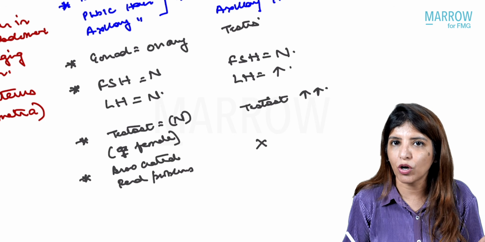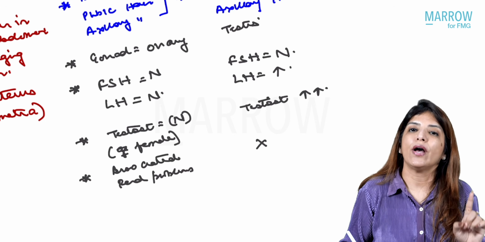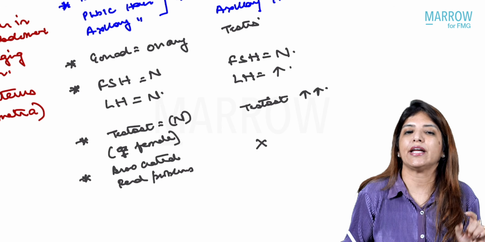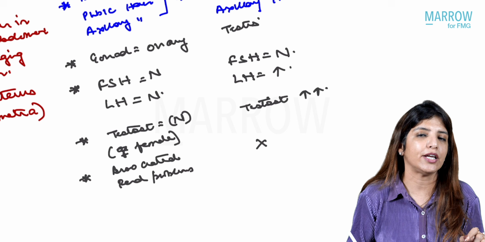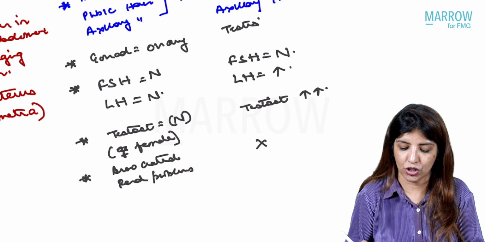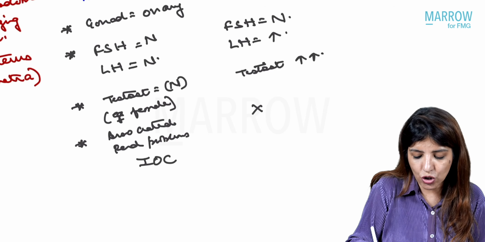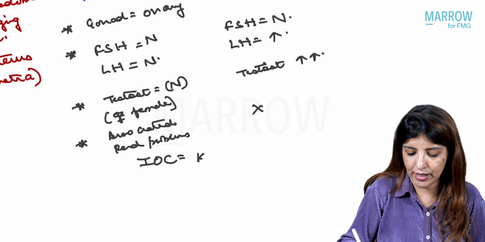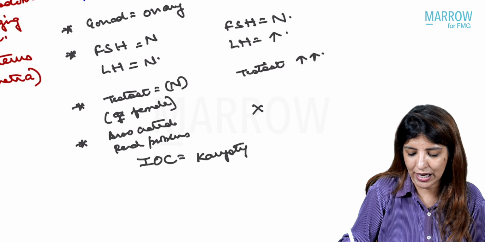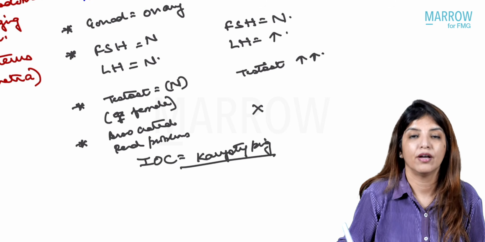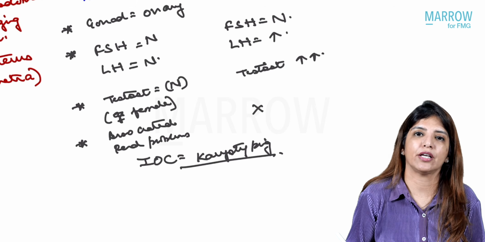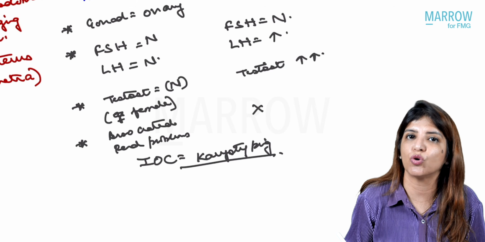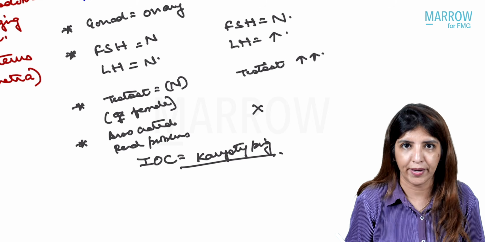Is this clear to all of you? Yes. So now if I ask you, what is the investigation of choice to differentiate between Mullerian agenesis and androgen insensitivity syndrome? The investigation of choice to differentiate between them is karyotyping. Mullerian agenesis will be 46XX and androgen insensitivity syndrome will be 46XY, right?